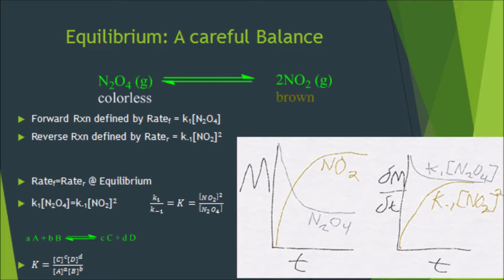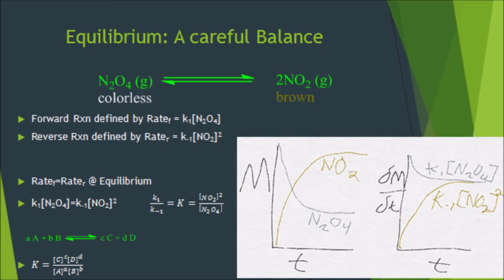This is due to the fact that as the reactant is consumed, the rate of the forward reaction will decrease, and as the product is produced, the rate of the reverse reaction will increase to the point at which both the forward and the reverse reactions, the change in molarity with respect to change in time, will reach a middle point. So this does not mean that the amount of products and reactants are equal, only that the rate of change of the products and reactants are equal.